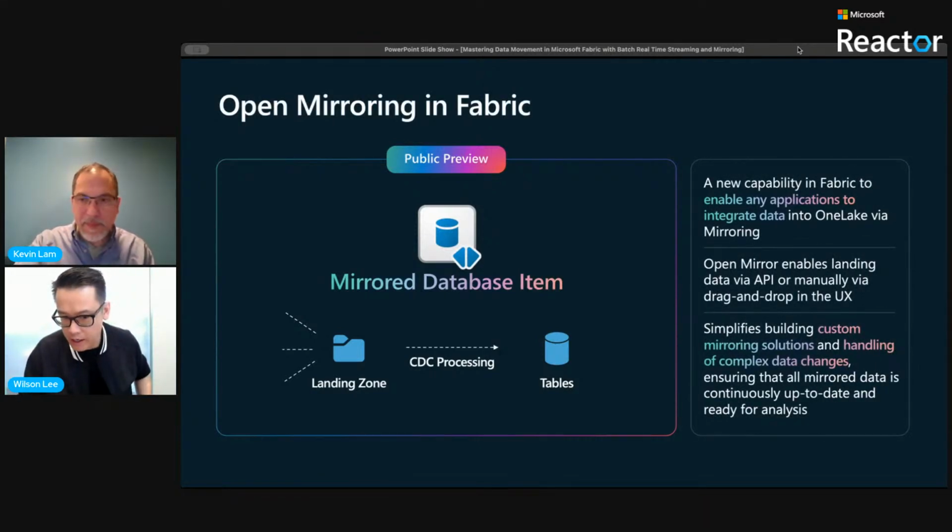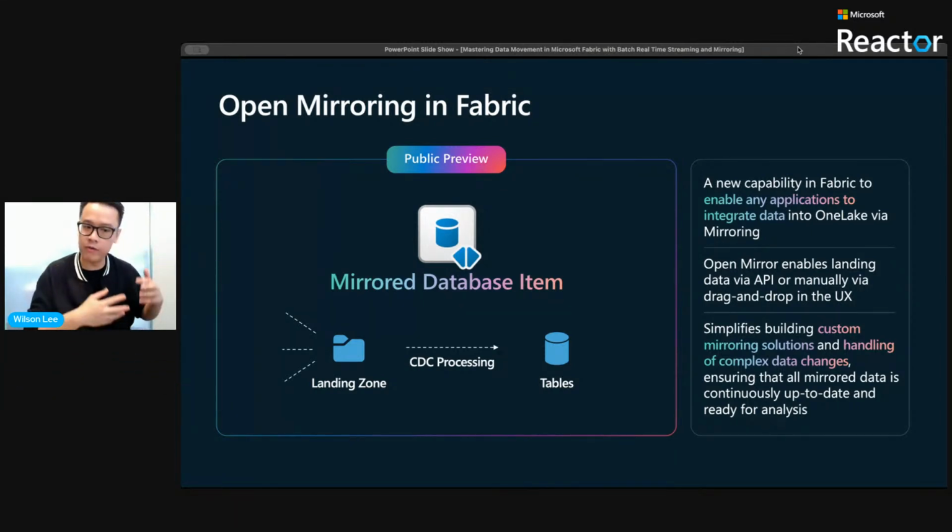Awesome. Thank you, Kevin. So Kevin talked about real-time data that you need to bring in, and Shireen talked about different ways that you can bring in the data without necessarily creating a pipeline, using mirroring and copy job. And earlier I talked about different ways that you can bring it in.